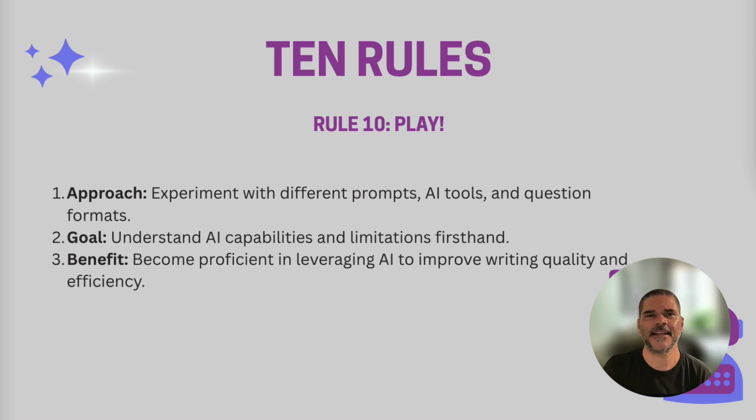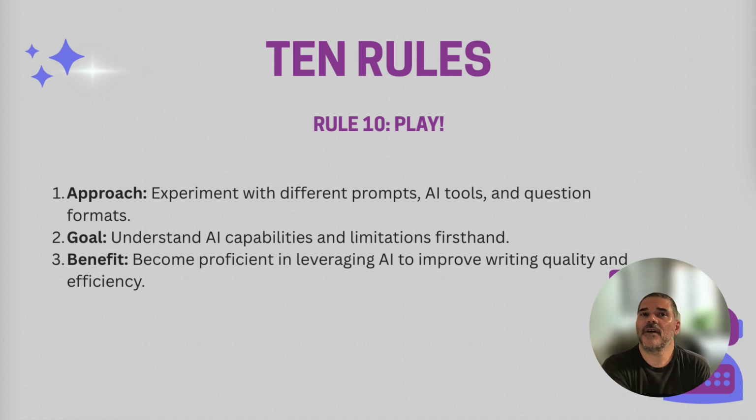Finally, rule number 10, play around with the tools, play around with the content, experiment with different prompts, try 2 different grant writing tools and see which one gives you a better result, question the formats that it's giving you.